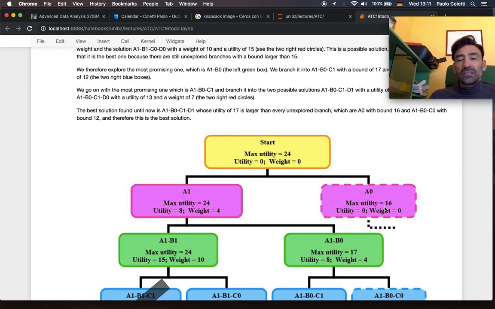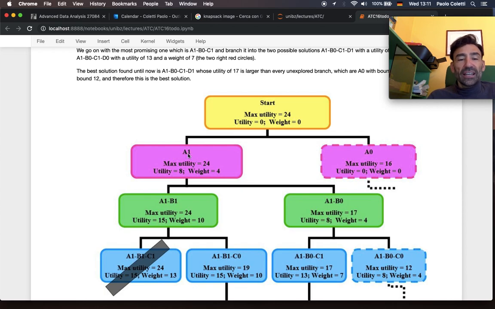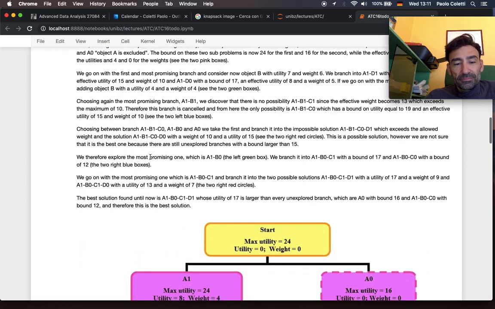Well, branch and bound, and choose. So you choose this one. We take the one with the maximum potential utility. Okay, let's see this one. So we have decided the first. In this case, we are sure bananas inside. Second item, in order of utility, blanket.